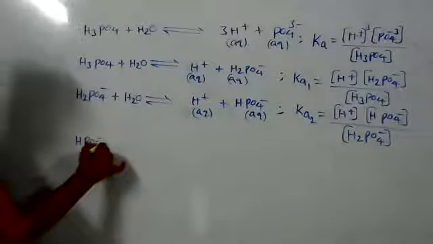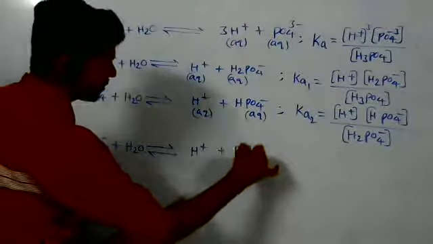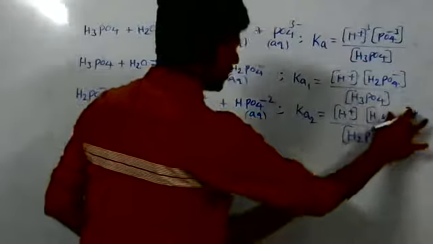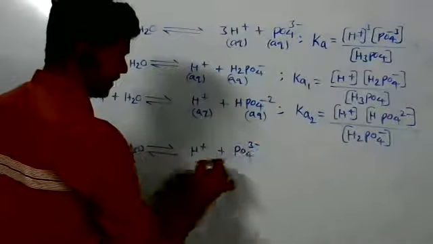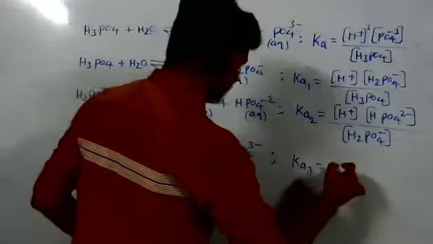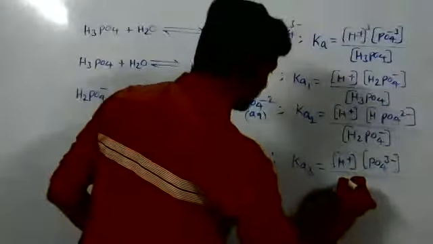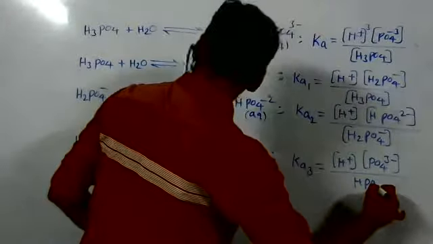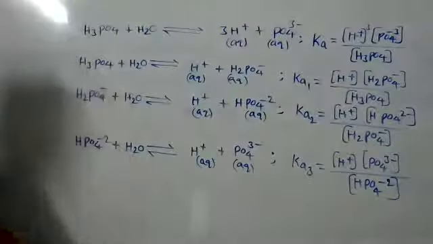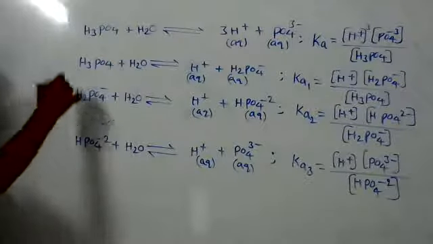Next, HPO4 2- gives H+ and PO4 3-. Ka3 is equal to H+ concentration into PO4 3- concentration divided by HPO4 2- concentration. So these are stepwise ionization constants.